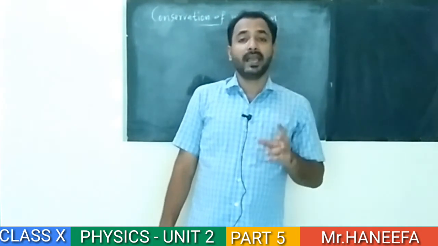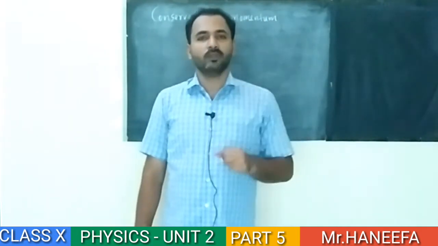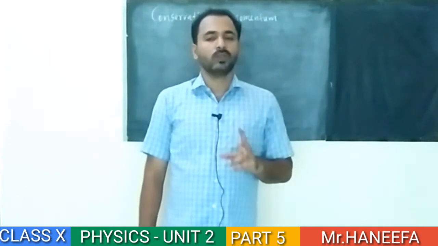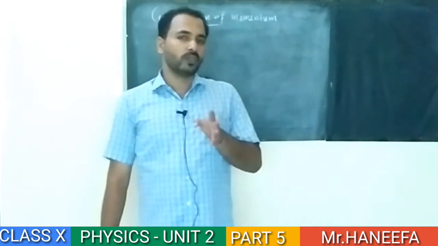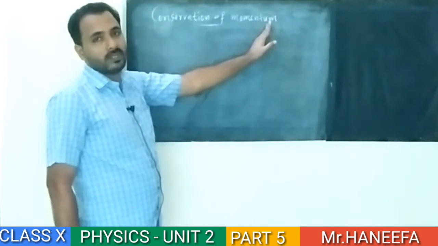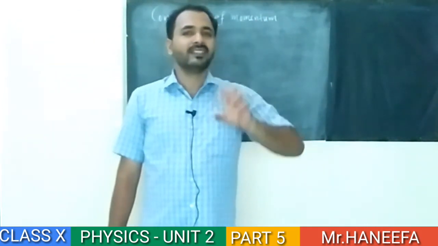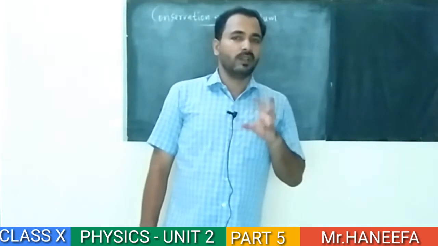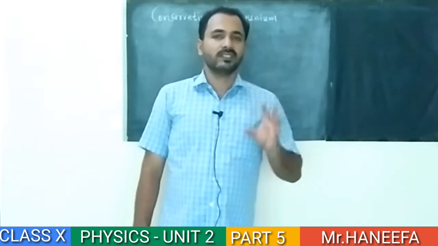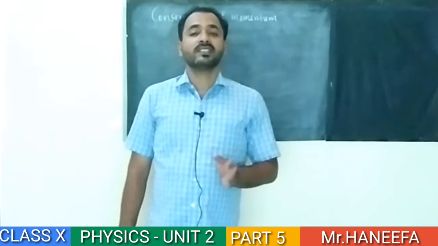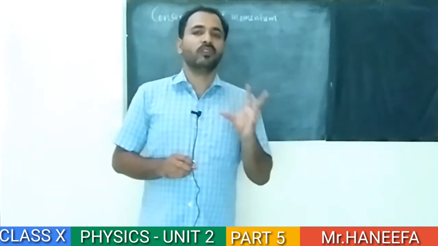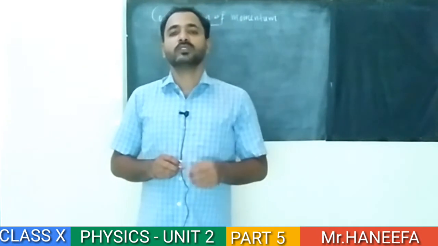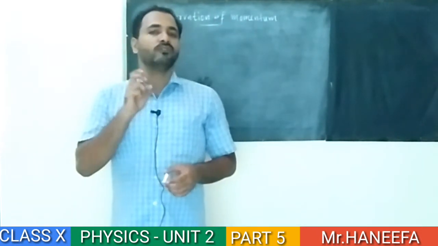Momentum is the impact produced by an object, or momentum is equal to the product of mass and velocity. So here we have to explain conservation of momentum. For an isolated system, momentum is conserved. This is called law of conservation of momentum. That means total momentum before collision is equal to the total momentum after collision.